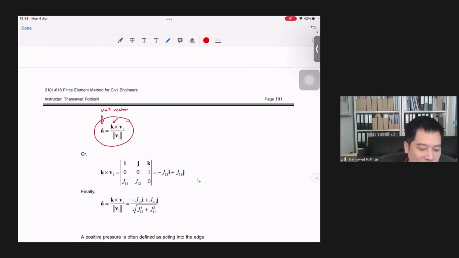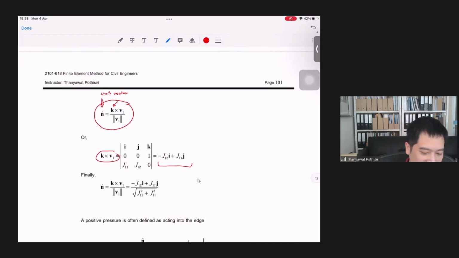All right. So you can see that the cross product between K and V1 will give you this vector right here. So the unit normal vector can be written as this vector right here. Okay.